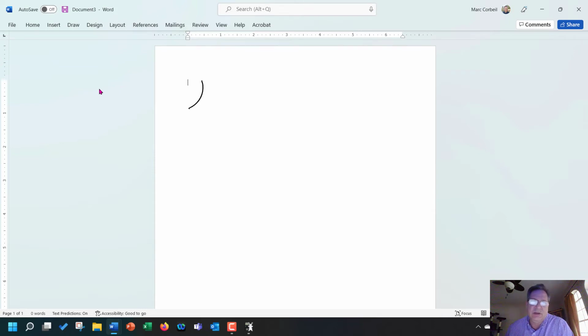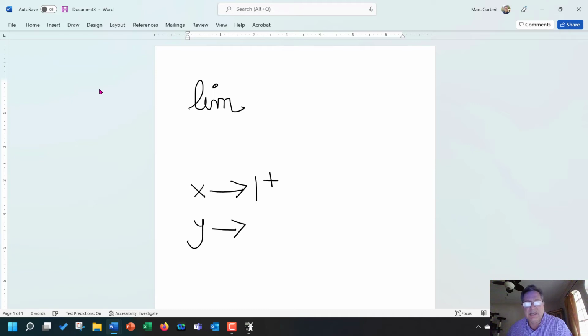What we're going to talk about with limits, well, the concept of a limit really isn't far from what we're talking about here. We discussed there, as x approached, for example, 1 from the right, and we said that y goes to, in that case, plus infinity.